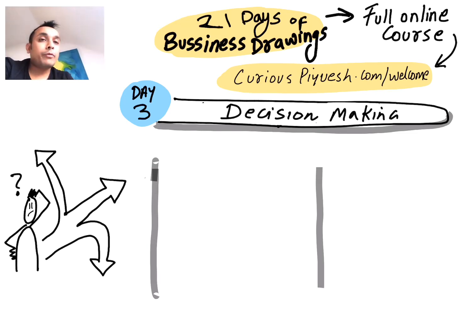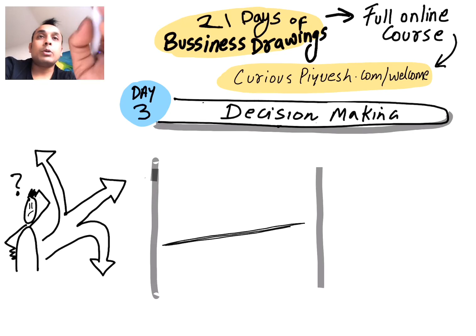The other way of decision making could be a guy who is standing on a seesaw and he is not able to take a right balance. So to draw a seesaw, I will choose a thick one.